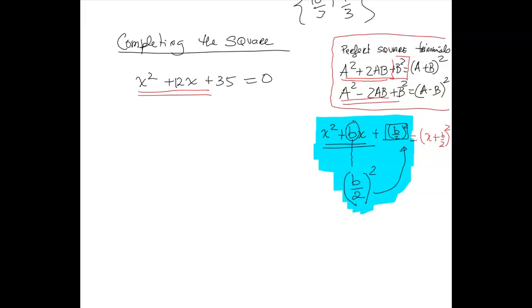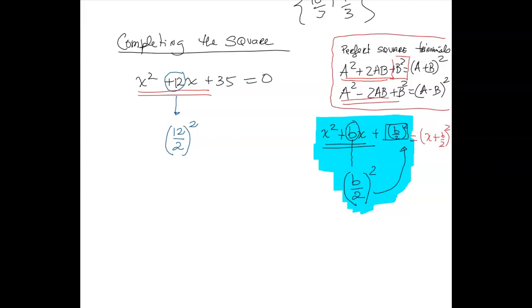All right, so let's do that. So, where is b? B is equal to positive 12, right? And we're going to break that down. So that's 12, and I say we divide it by 2, right? And then we're going to square this.